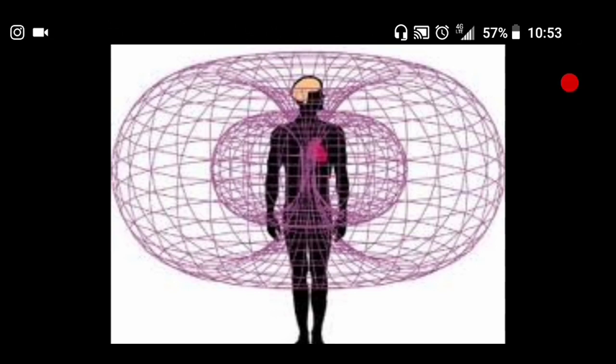So you're constantly emitting a frequency. Depending on what you're actually feeling at the time, it's going to determine what type of shape you're emitting, right? When these shapes connect with other beings, they are able to feel them, and these shapes and different frequencies interact with each other. And it's all based off of emotion and vibrational frequency.